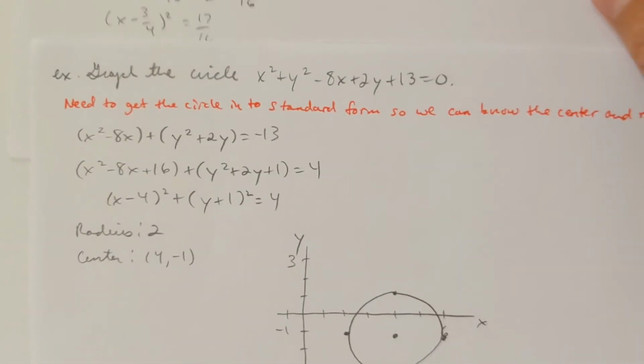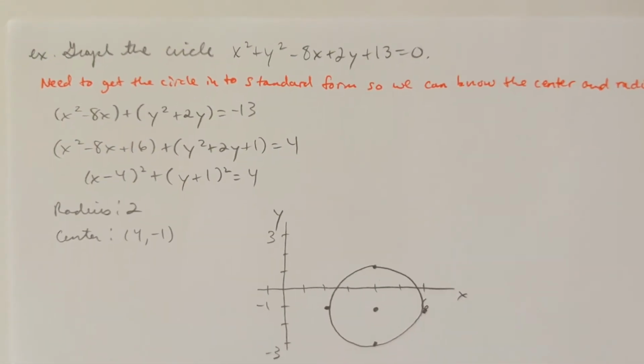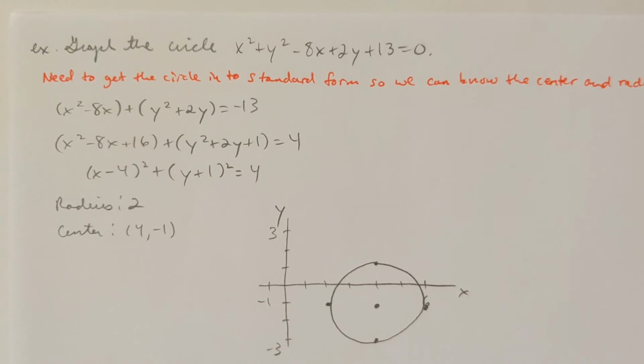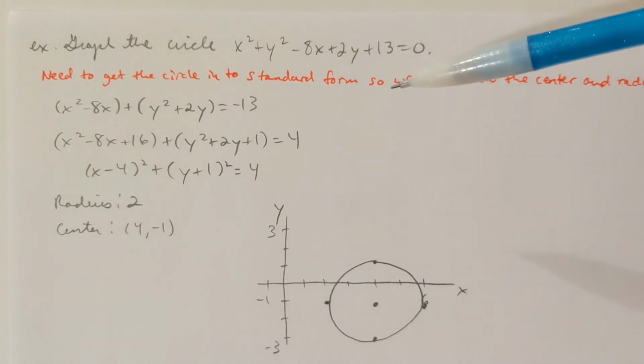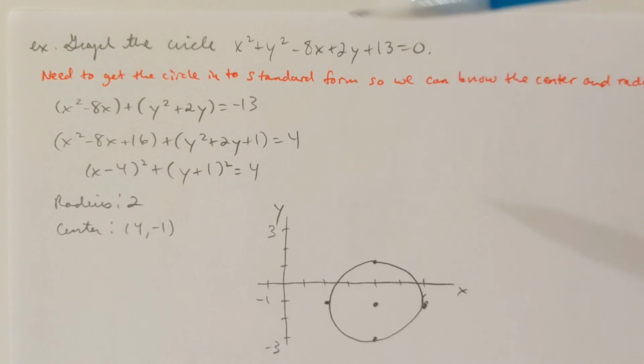Now, the reason for completing the square is because when you have a circle in what's called general form, and you want to graph, you're going to complete the square twice. Okay, so let's graph the circle x squared plus y squared minus 8x plus 8y plus 13 equals 0.